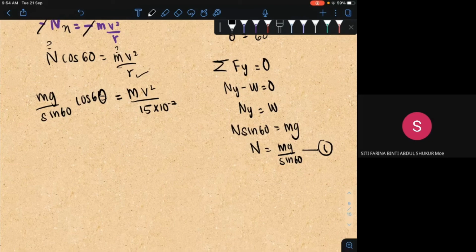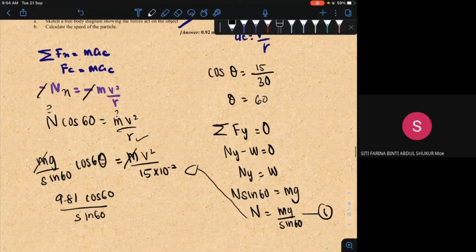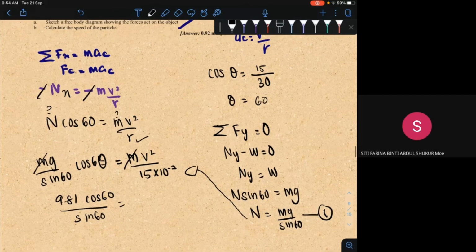That is the reason kenapa kita tak risau, kita boleh substitute dia terus dekat sini sebab kiri kanan kita ada M. So G adalah 9.81 darab dengan cos 60 bahagi dengan sin 60 samakan dengan V square over 15 times 10 to the power negative 2. So boleh tekan kalkulator untuk dapatkan V kamu, maka selesailah dah dapat V dekat sini.